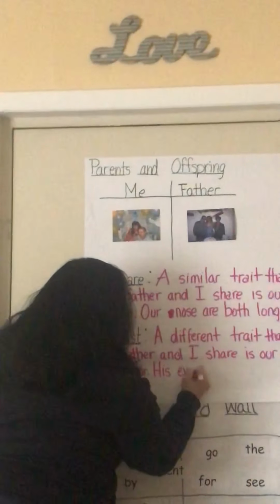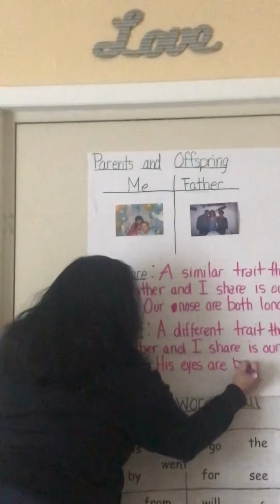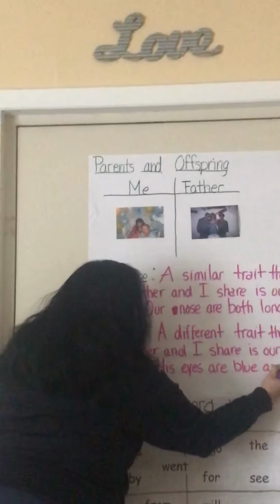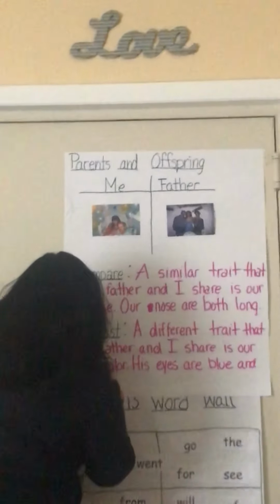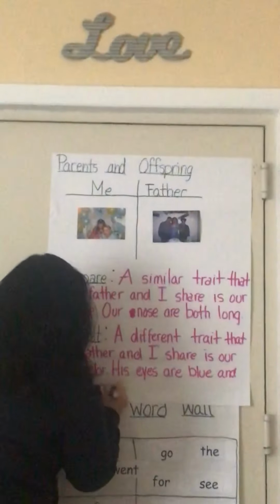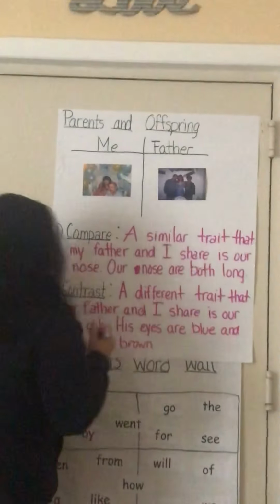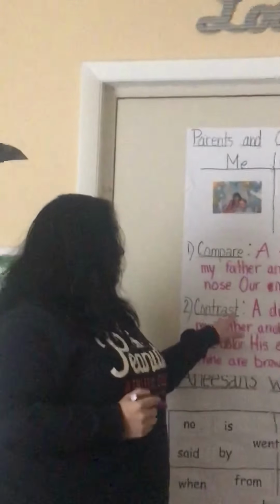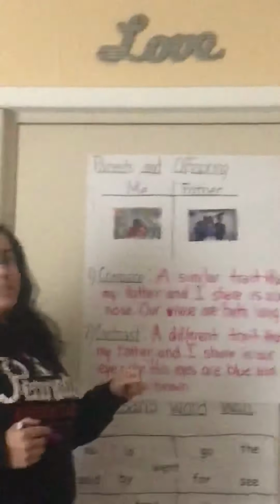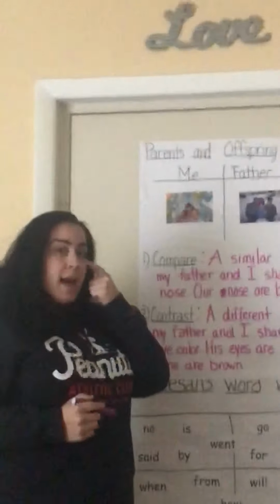His eyes are blue and mine are brown. So this is my contrasting sentence where I'm going to say what is different between my dad and I. A different trait that my father and I share is our eye color.